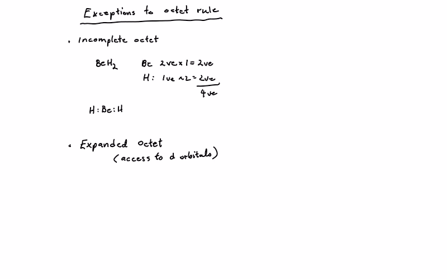So we see this a lot in things like silicon, sulfur, phosphorus, and the halogens.